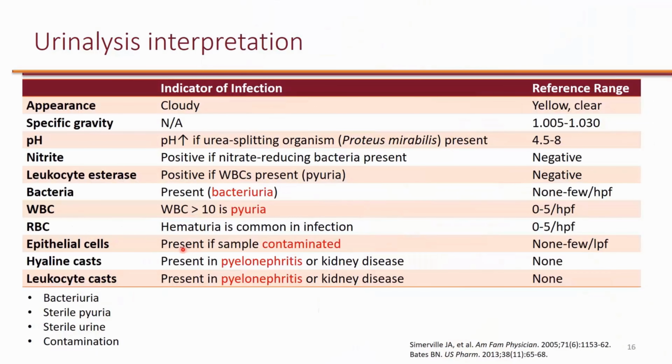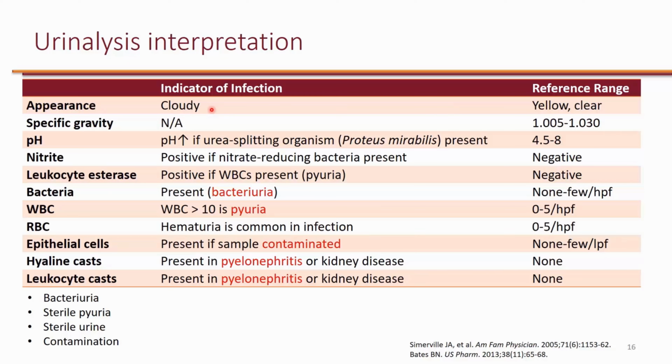So here's what you really need to know. Once the results of the urinalysis are reported, you need to be able to interpret them. Normal urine is supposed to be clear and yellow. If you find it to be cloudy, it can be due to different reasons.